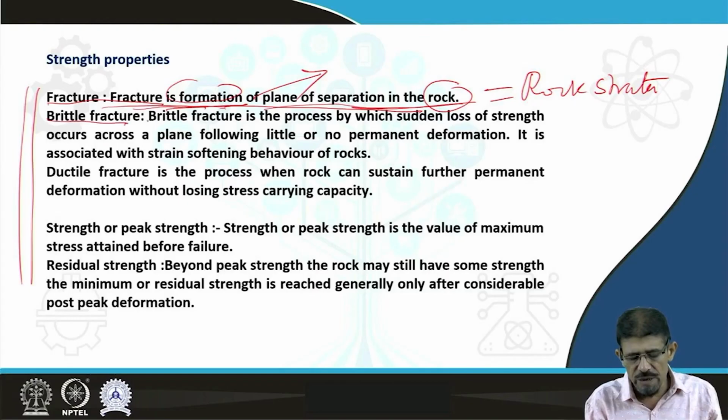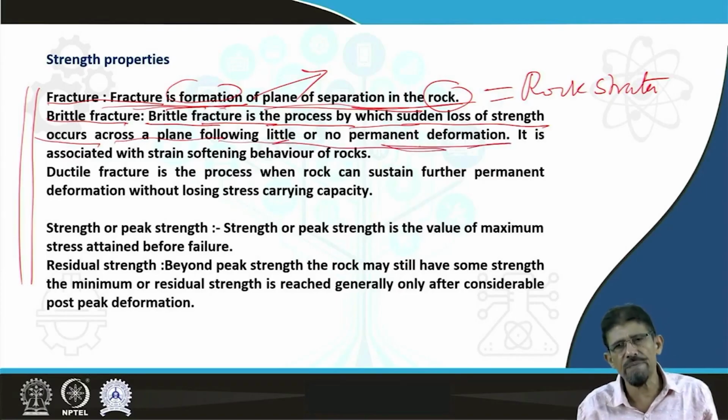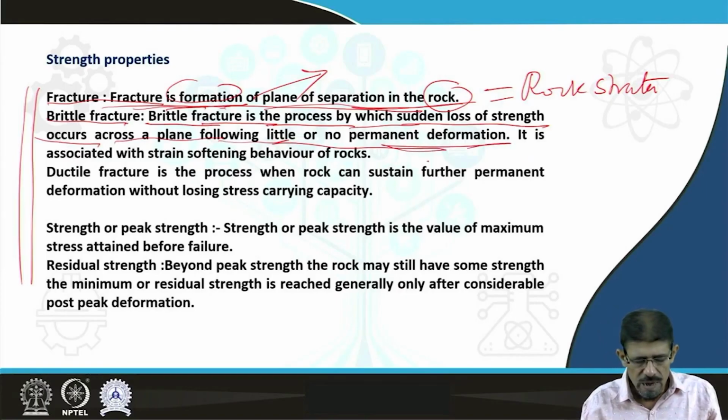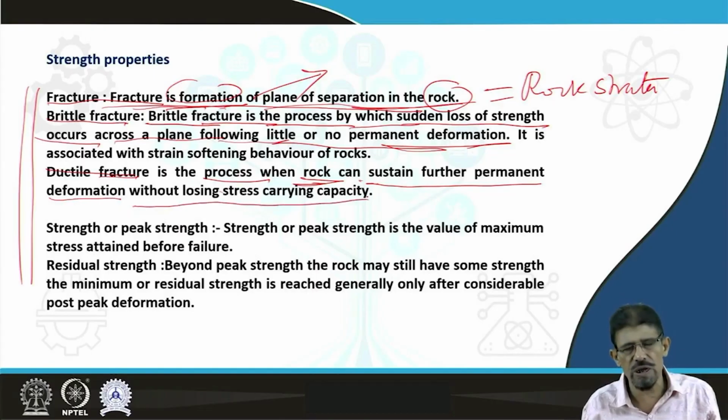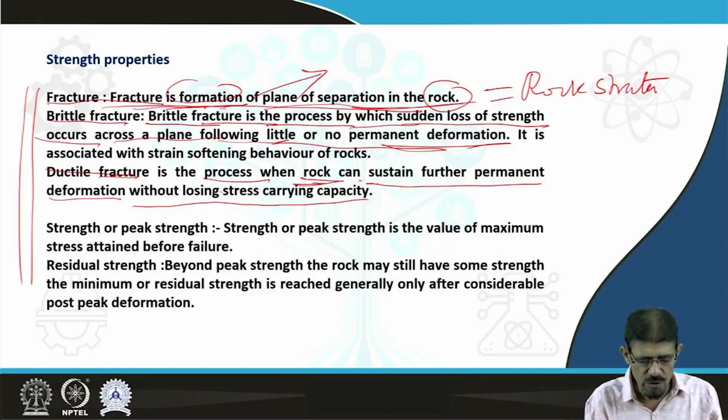Brittle fracture is the process by which sudden loss of strength occurs across a plane following little or no permanent deformation. And ductile fracture is the gradual process where permanent deformation occurs without losing stress carrying capacity, which we are going to define as a tensile failure.